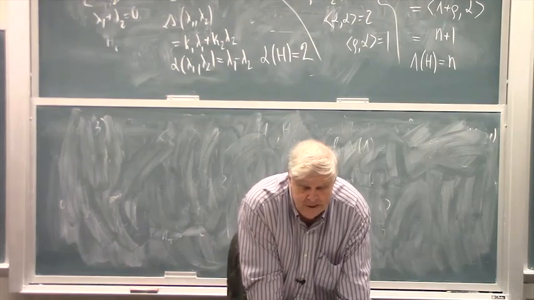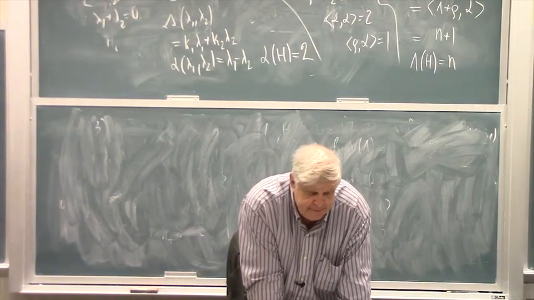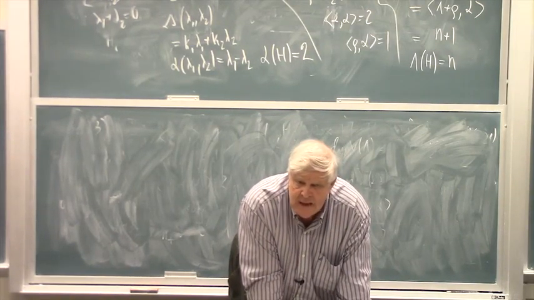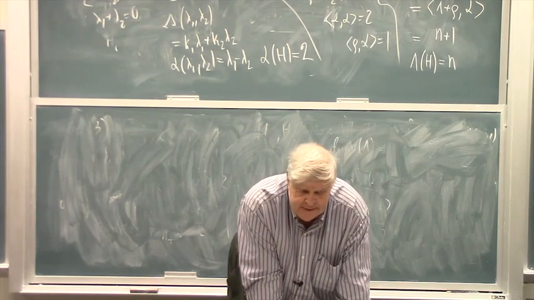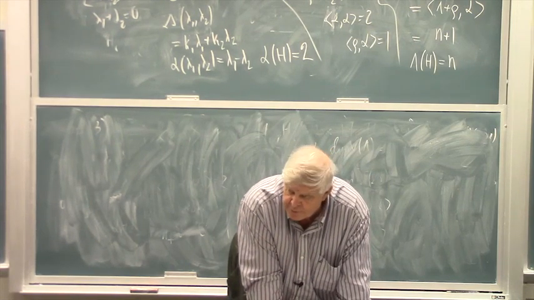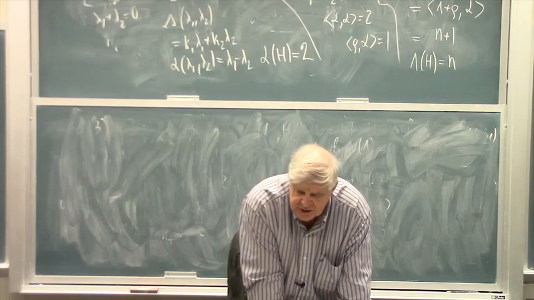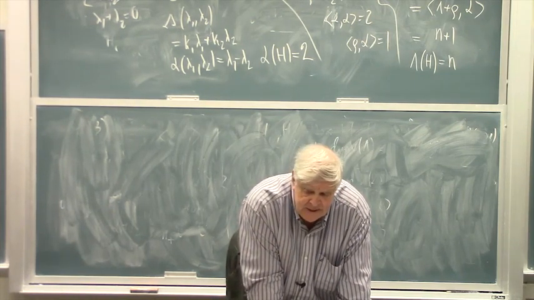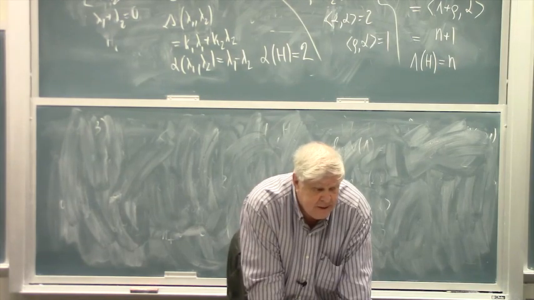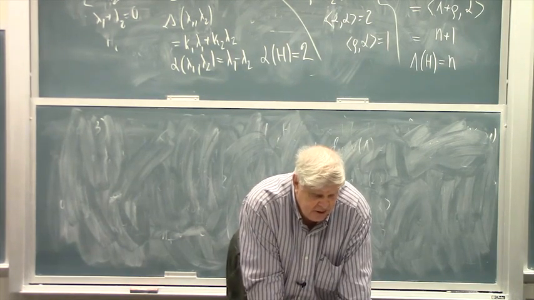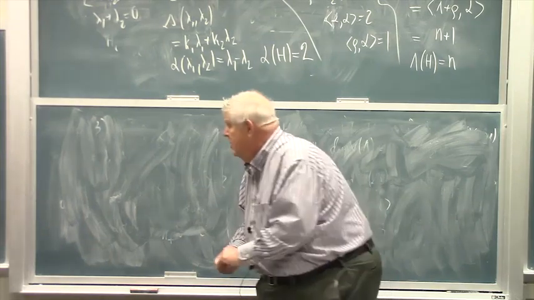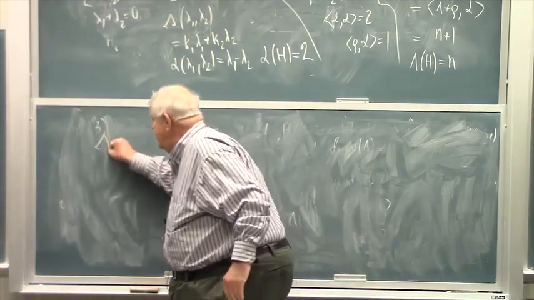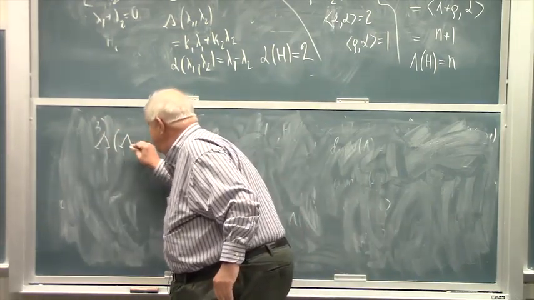Now the character formula. First of all, character. Characters are defined for representations of groups, the most natural definition. But since we consider Lie algebras here, it is natural to begin with some other definition. So, I have my representation V lambda.